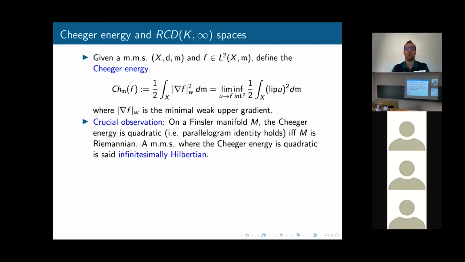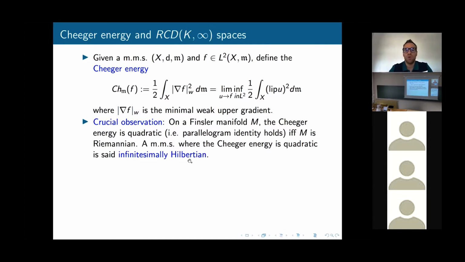Okay, and now the crucial observation is that on a Finsler manifold M, the Cheeger energy is quadratic, meaning that the parallelogram identity holds, if and only if the manifold M is actually Riemannian.